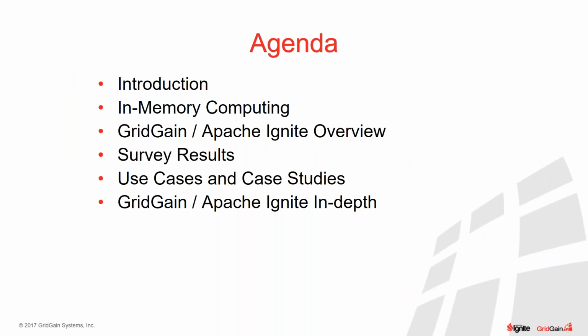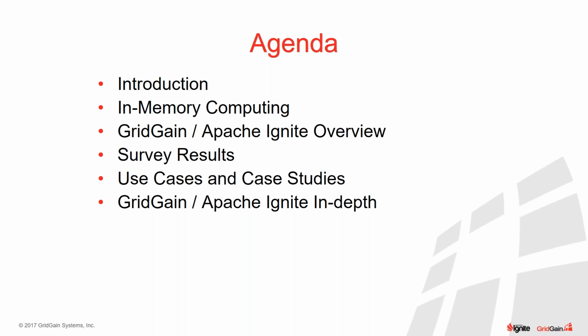Let's go through our agenda quickly. I'm going to give everyone an introduction to the topic and to in-memory computing, and do a high-level overview of GridGain and Apache Ignite, and then go into some survey responses that we had where we asked software developers and mobile app developers how they're using GridGain or Ignite.